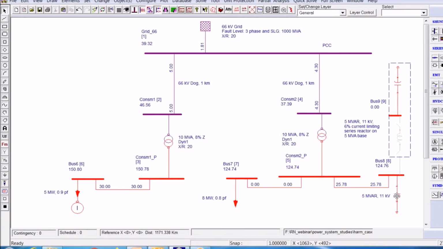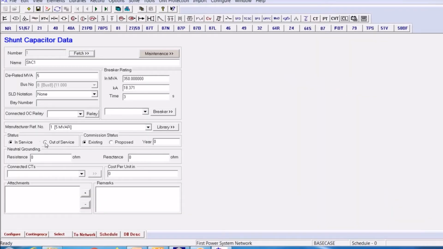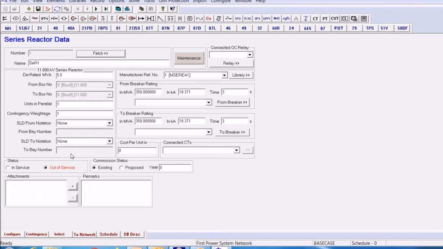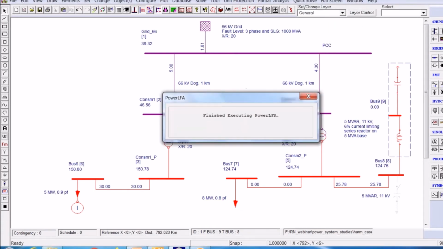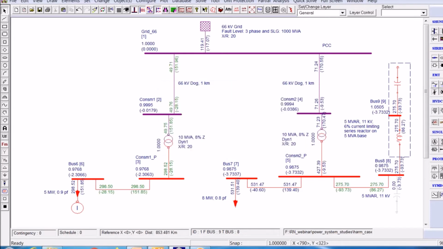Now instead of that, assume that we have gone for the current limiting reactor.